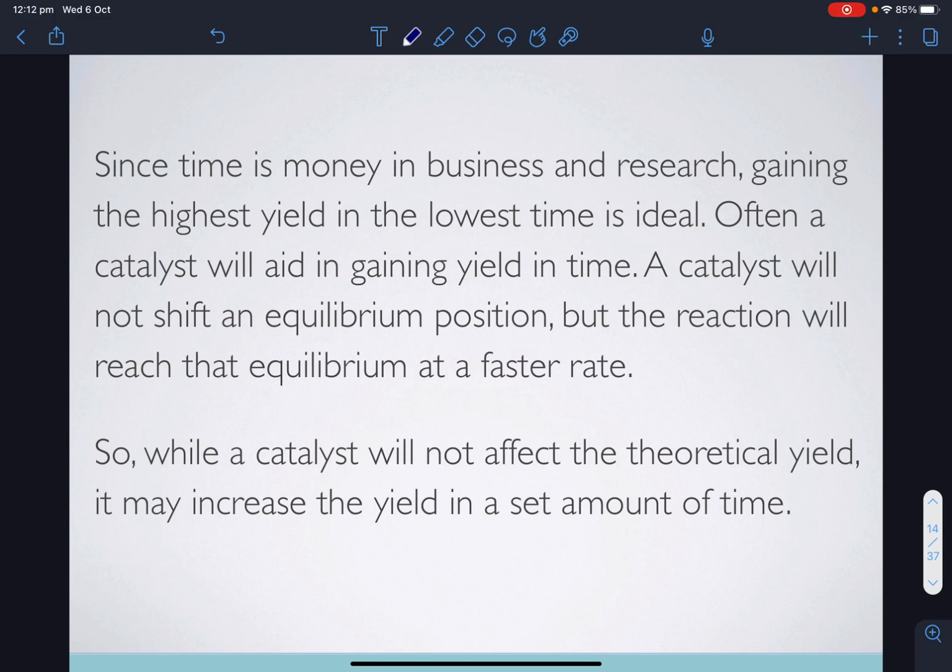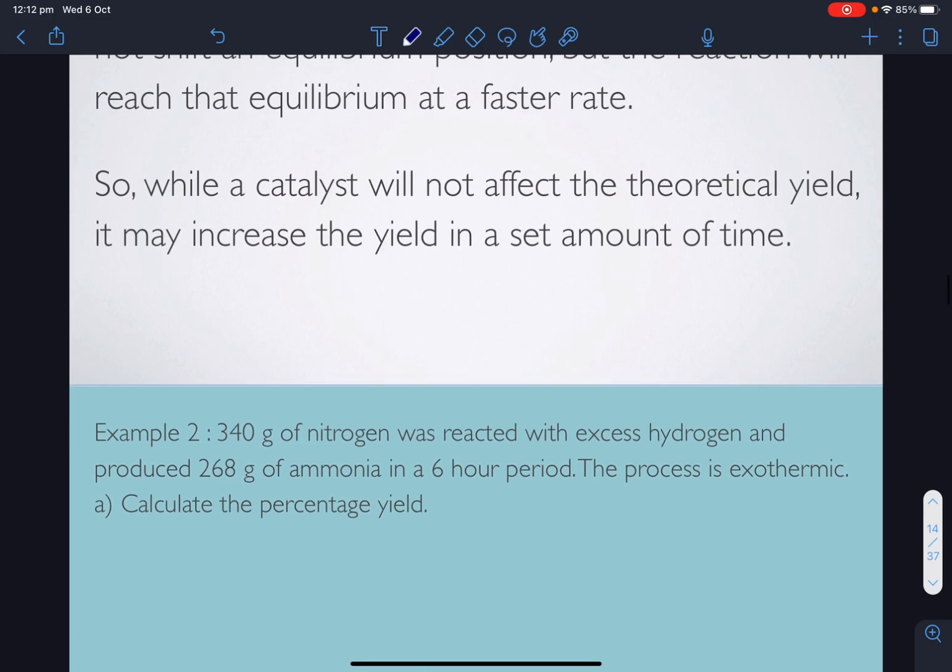So it's giving you a greater yield in a shorter amount of time if you're not reaching equilibrium. So a catalyst is often used to increase the yield in a shorter amount of time. So be careful on that. A catalyst will not affect the amount once it reaches equilibrium, but if you're doing it in a shorter amount of time before it's reached equilibrium, it will increase your yield. Hopefully that makes sense.